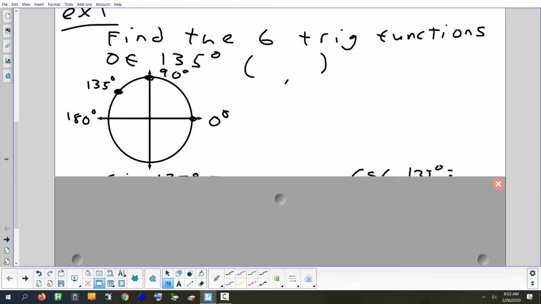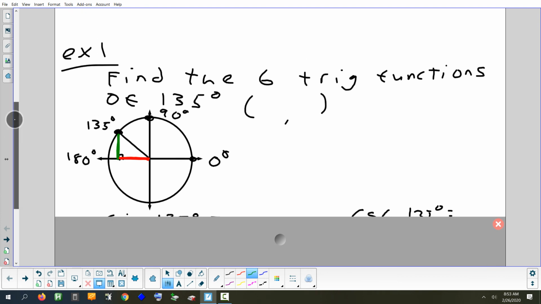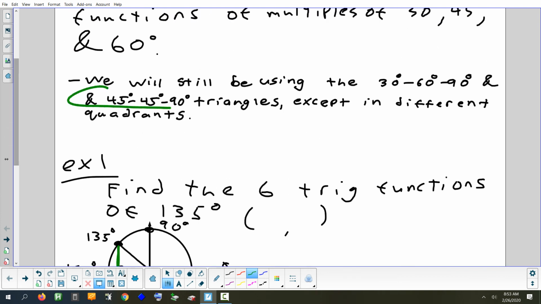So let's make a triangle out of it. The goal to find the coordinate is to figure out how long this side is. That's your x. And then how tall this side is. That's your y. But that triangle is either going to be this one or this one.